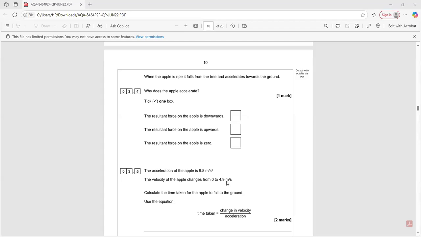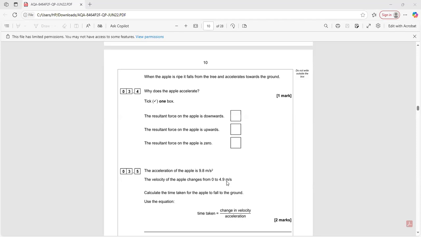That's why it's being pulled downwards towards the middle of the earth. So I'll go with option A. Did you get that? Yes. So the only reason why the apple didn't fall was because it was hanging onto the tree. Resultant force at that point was 0.